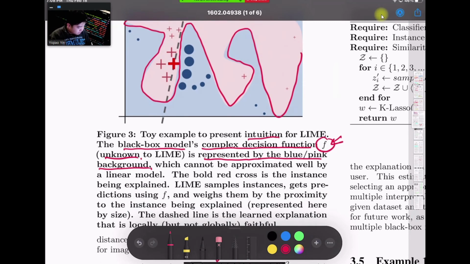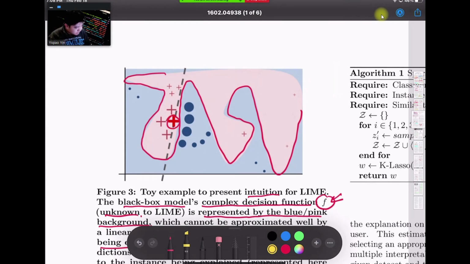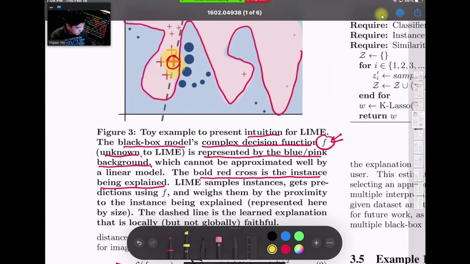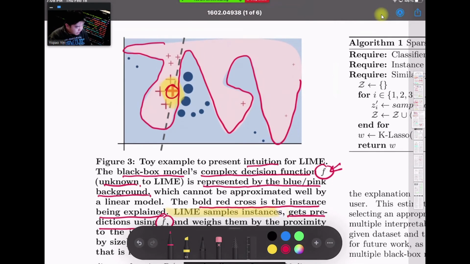And then what's happening? The bold red cross is the instance being explained, which is here, so we're going to mark it. That's the dot, an observation. We want to explain that, we want to see what's going on. LIME samples these instances and gets predictions using f. So in other words, given this dot, we have features, and given this f, we have a prediction.